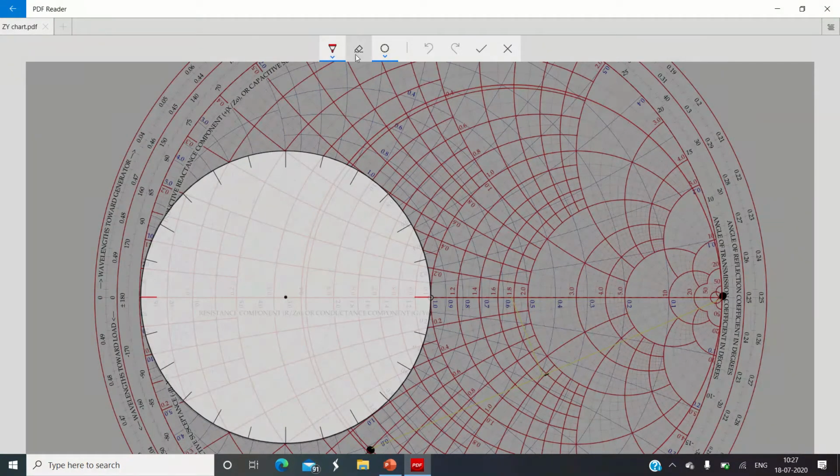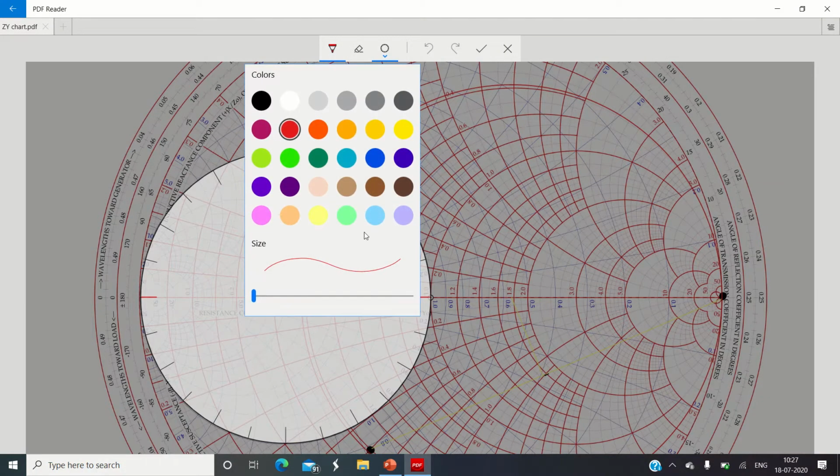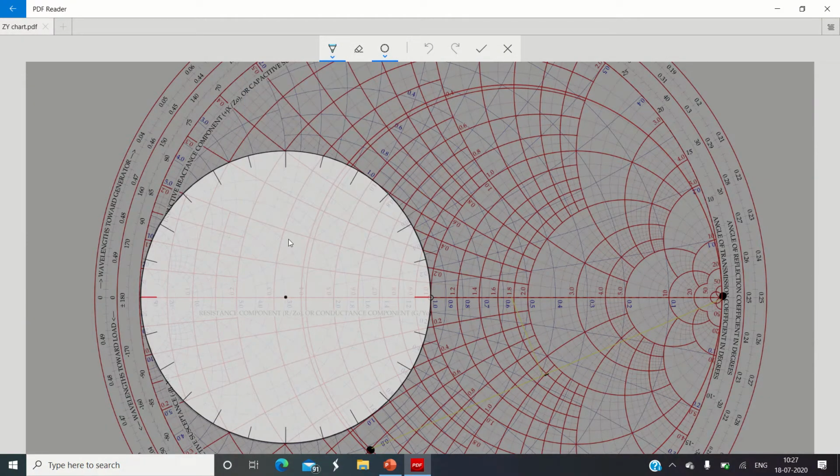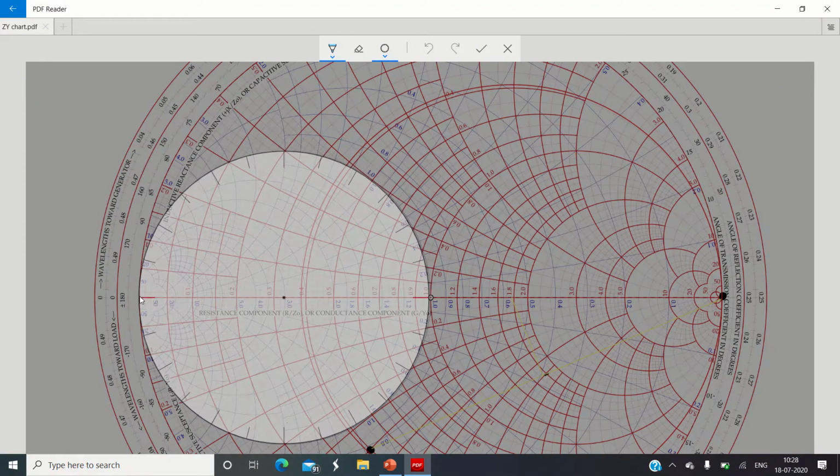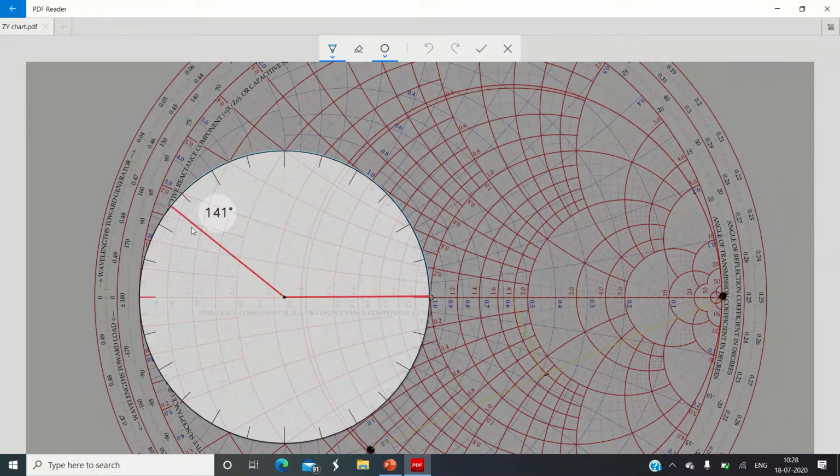Then I will choose a different color, this blue color, to draw the constant unit conductance circle. First I will place it correctly, and then I will draw that circle. See, I did the same procedure.